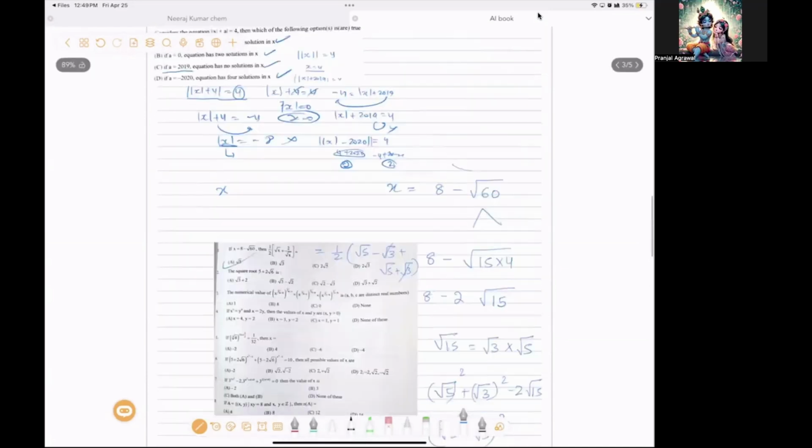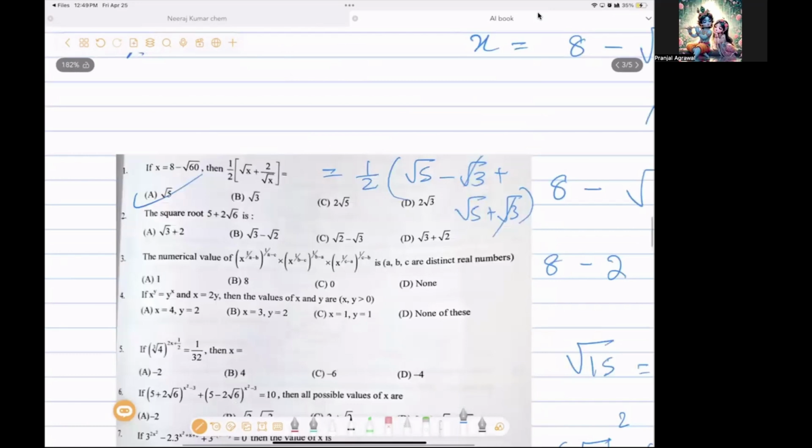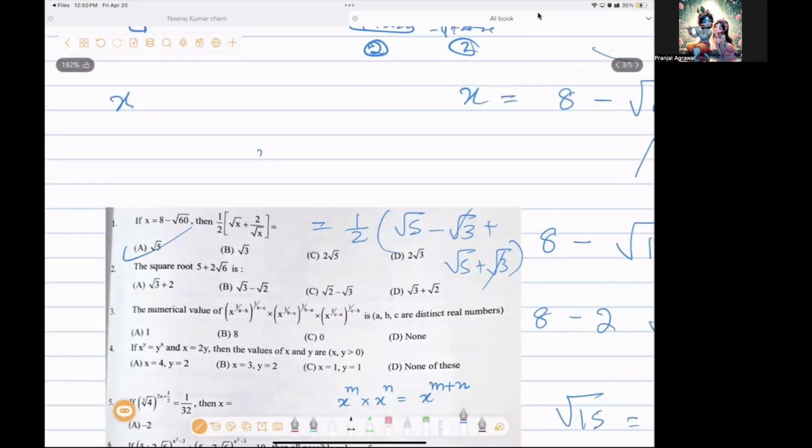Now let's go to question number 3. The numerical value of x. See, when we have x to the power m into x to the power n, by the rule of indices we have x to the power m plus n. So here we'll have x to the power 1 by (a minus b)(a minus c), plus 1 by (b minus a)(b minus c), plus 1 by (c minus a)(c minus b).